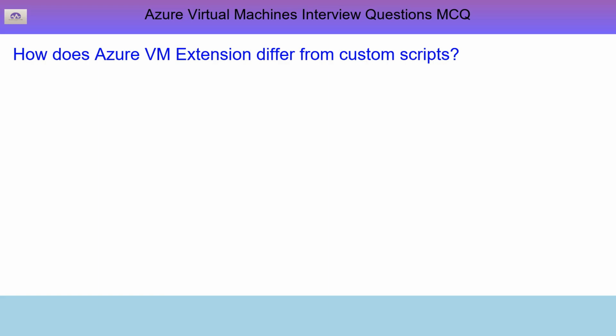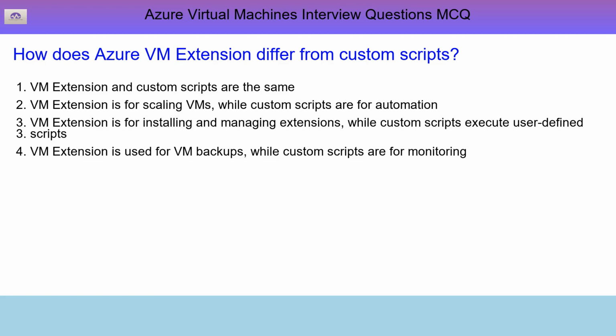How does Azure VM extension differ from custom scripts? Here are your options. 1. VM extension and custom scripts are the same. 2. VM extension is for scaling VMs, while custom scripts are for automation. 3. VM extension is for installing and managing extensions, while custom scripts execute user-defined scripts. 4.